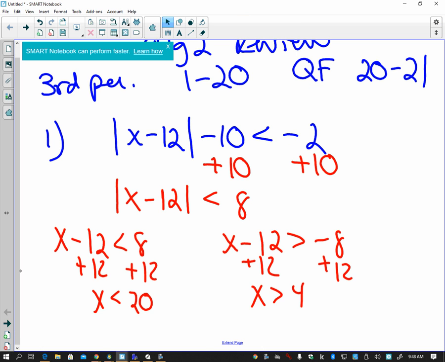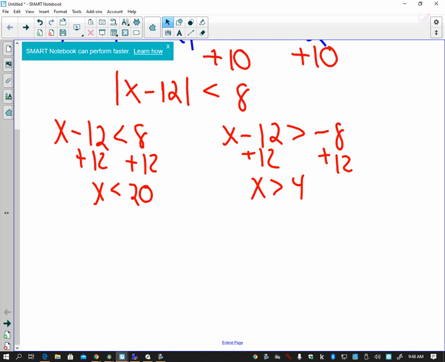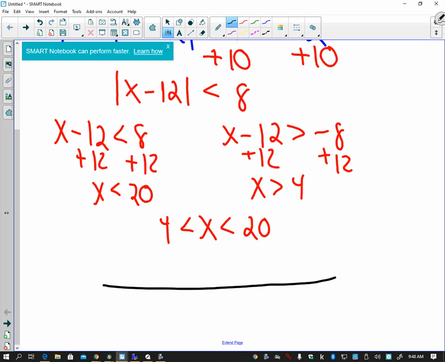Okay, and I believe on this one you also have to graph it. Okay, so I've got x is greater than 4, is less than 20. There's no equal to in here, so as I begin to look at a graph, okay, I've got 0, 1, 2, 3, 4, up through 20.